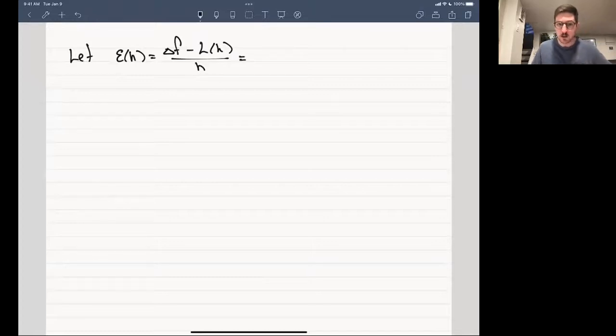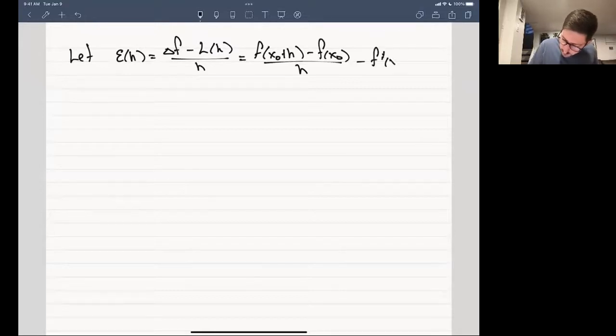This, by definition, is equal to, so I'm going to unpack this whole thing, f of x0 plus h minus f of x0 divided by h. And L of h, that's mh over h, which is the same as f prime of x0, because the h's will cancel. But we know that because the derivative exists, this first quotient approaches f prime of x0.